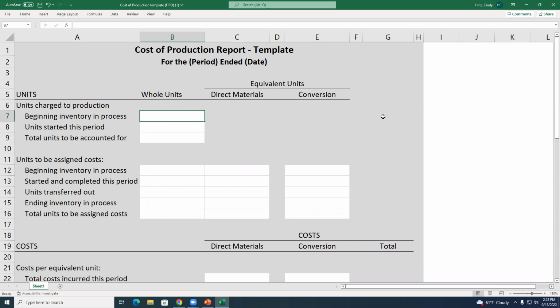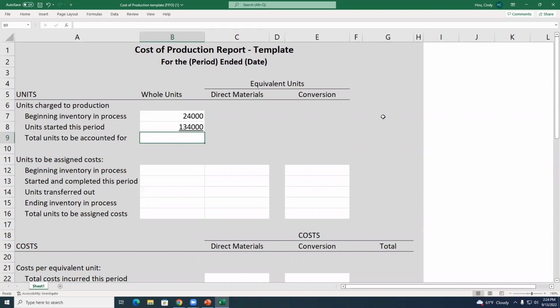So in that table called the account work in process baking department in the exercise itself, it tells us that on December 1st, we were working on 24,000 units. So I'm going to go ahead and put that in. That's our beginning inventory in process. And then it tells us direct material for 134,000 units was added during the month.